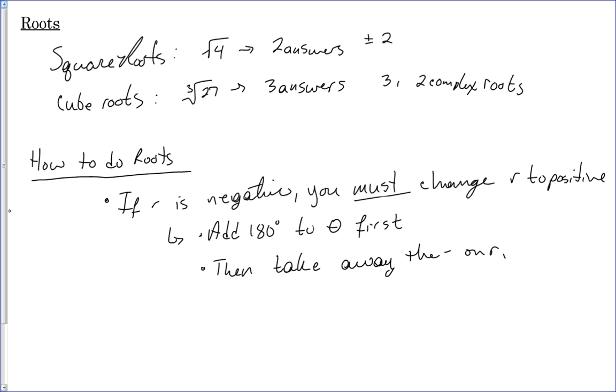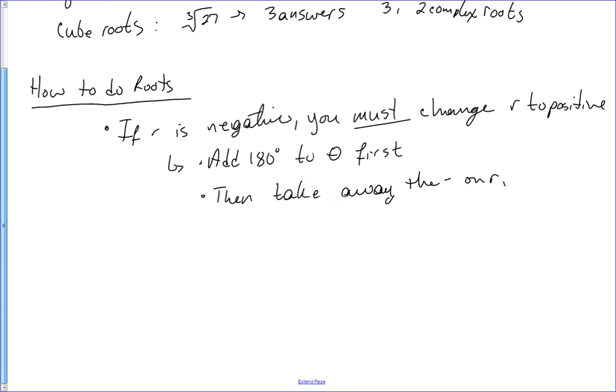The next thing you do is you take the nth root of r, and that will give you a new radius. So you'll get a new r. And when I say the nth root, if you're taking the cubed root, you'd take the cubed root of r.